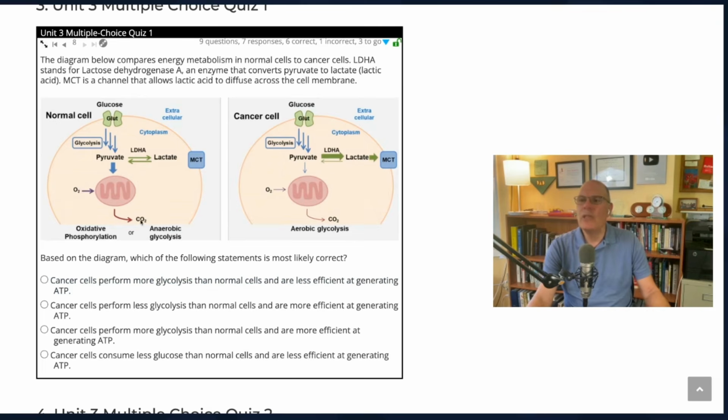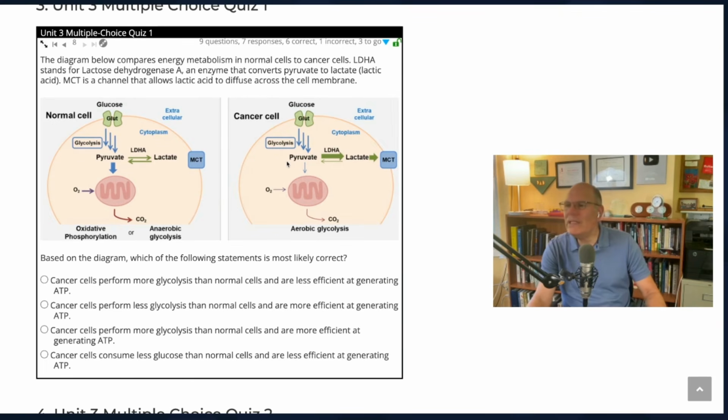Let's keep going. The diagram below compares energy metabolism in normal cells to cancer cells. LDHA stands for lactate dehydrogenase A, an enzyme that converts pyruvate to lactic acid. MCT is a channel that allows lactic acid to diffuse across the cell membrane. There's a diagram that's comparing a normal cell to a cancer cell.